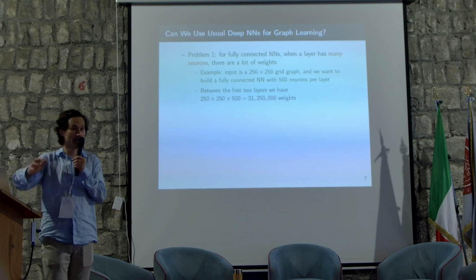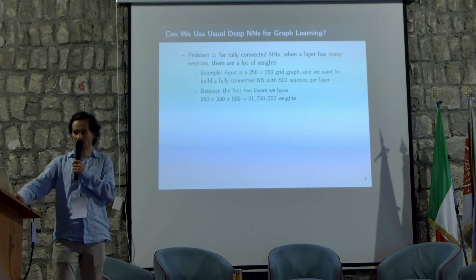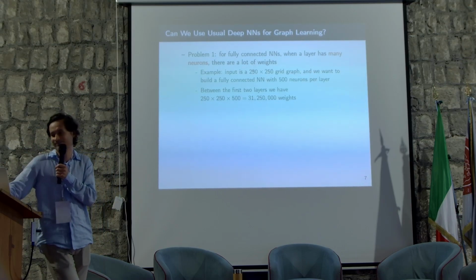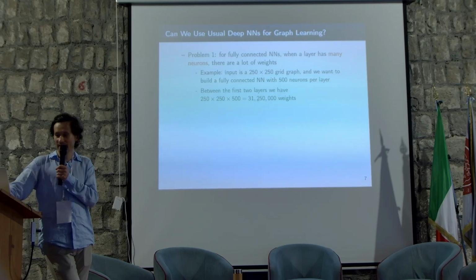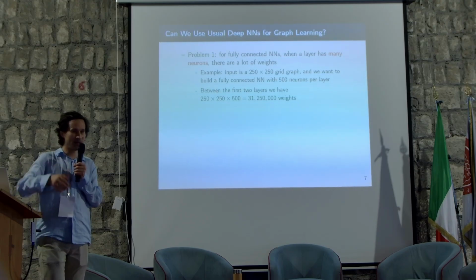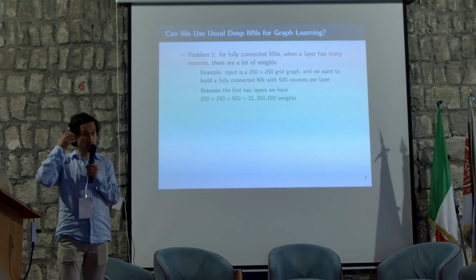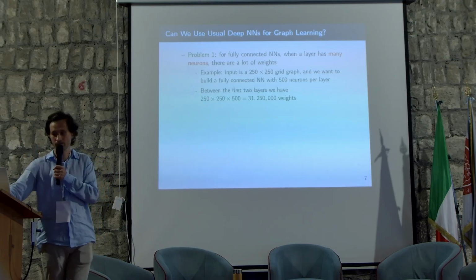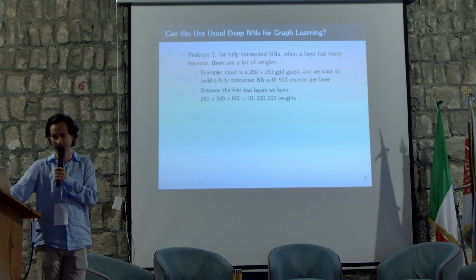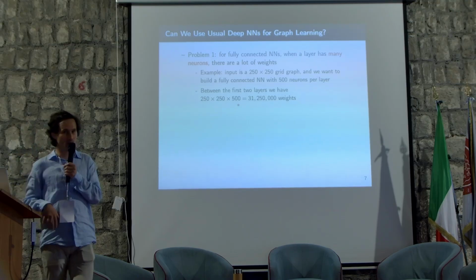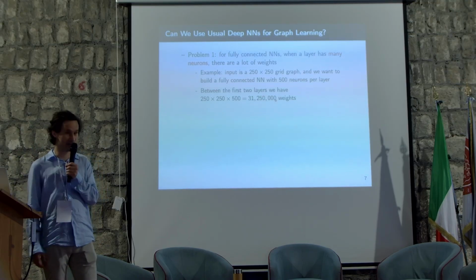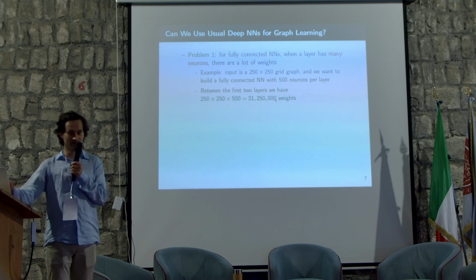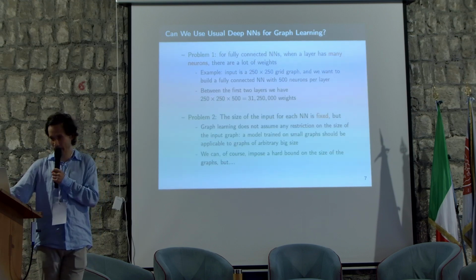If we have a reasonably sized graph, for simplicity, some grid graph with some reasonable dimension, maybe a picture, and we have one neuron for each pixel, for each node in this grid graph, then if we want to add all the connections for one layer, we will have a crazy amount of weights to learn, right? So it's already impossible.